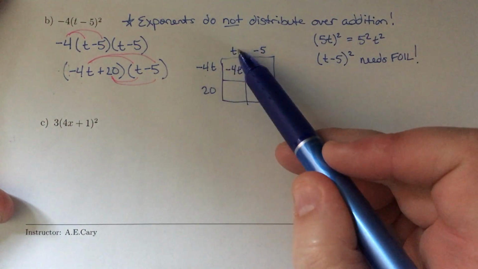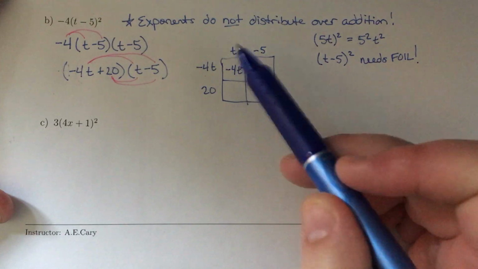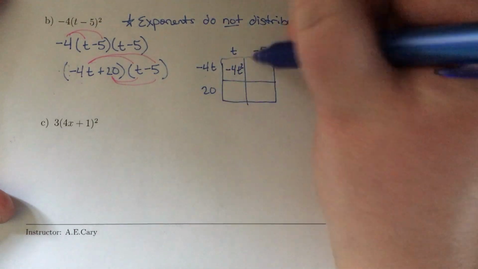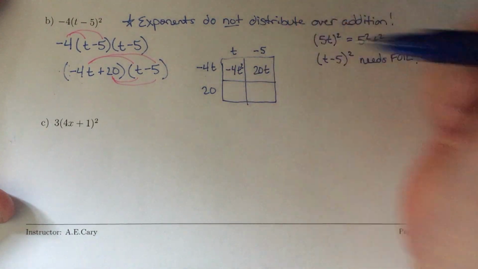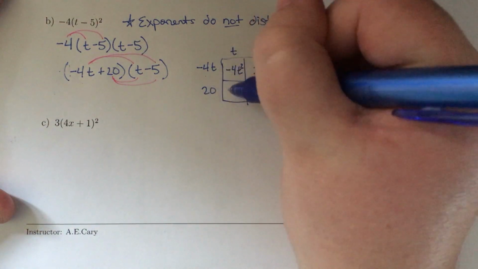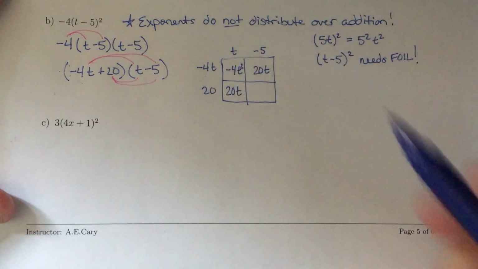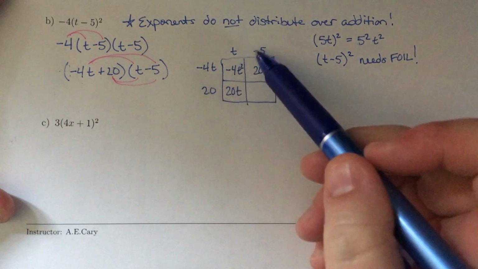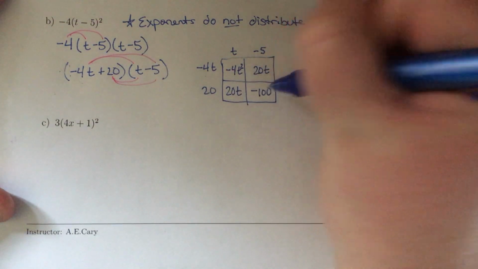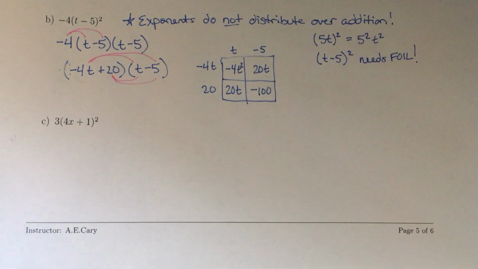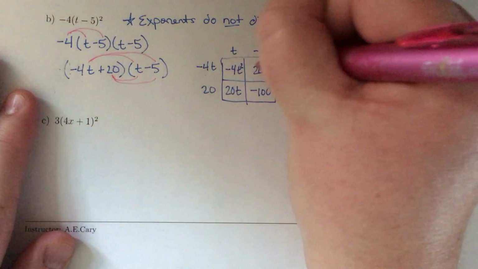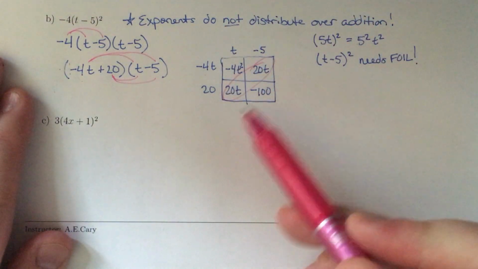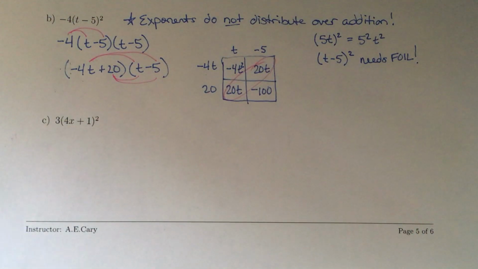So -4t times t is -4t squared. -4t times -5 is positive 20t. And then I have another positive 20t from those two. And then finally a minus 100. We combine like terms in our final answer. So like terms are the ones with just t to the first power.